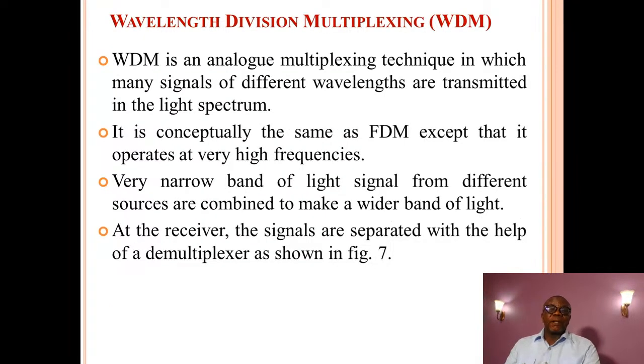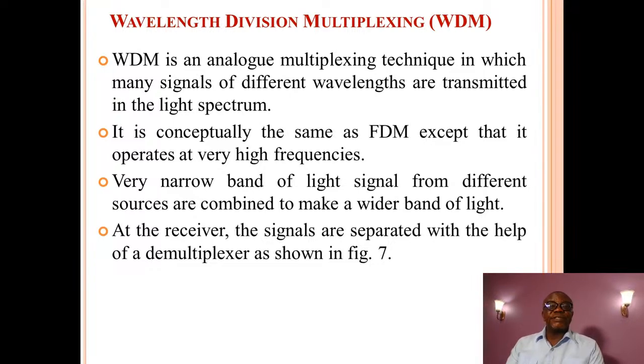So we come to the next one, which is also an analog multiplexing system known as wavelength division multiplexing, WDM. WDM is an analog multiplexing technique in which many signals of different wavelengths are transmitted in the light spectrum.